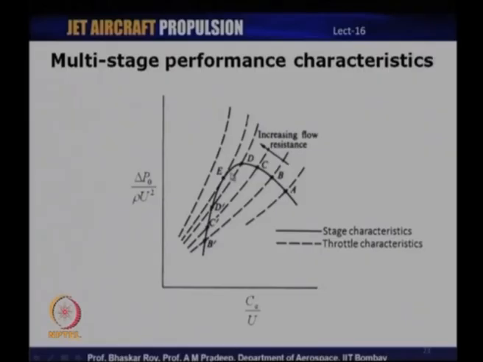That is why operation on the left hand side of what is given here as the throttle characteristic can lead to an unstable operation of the compressor.